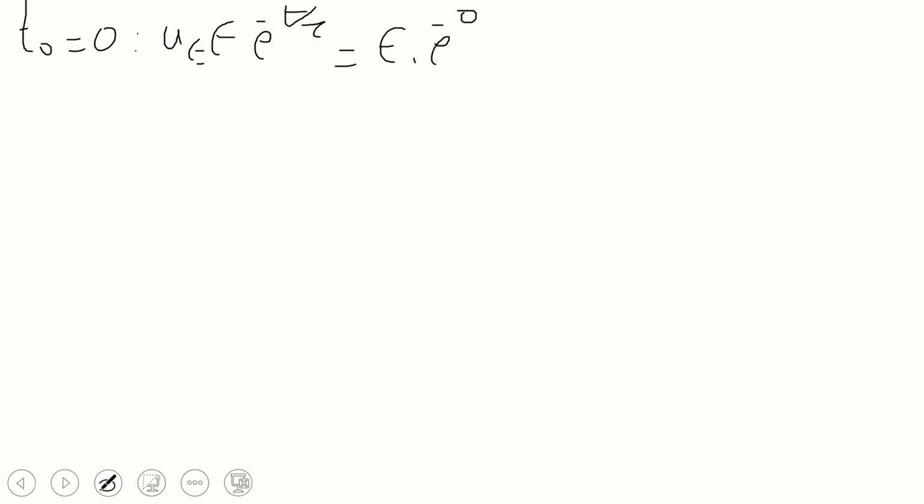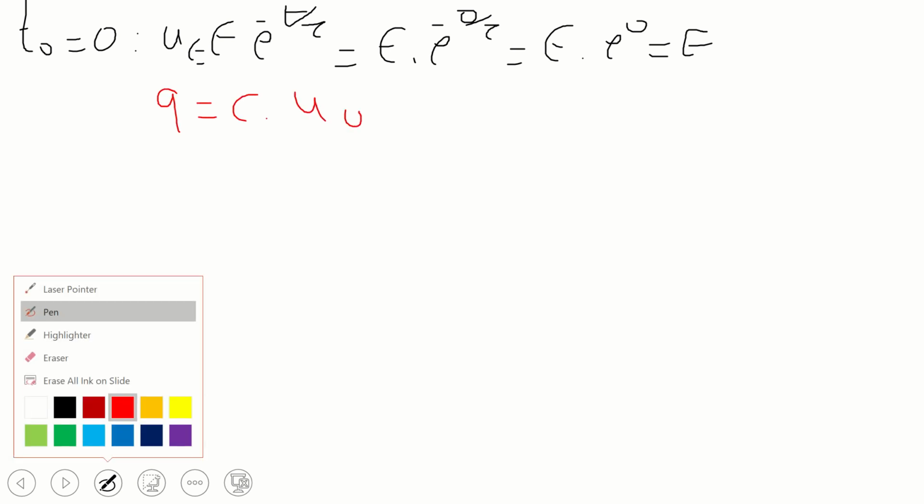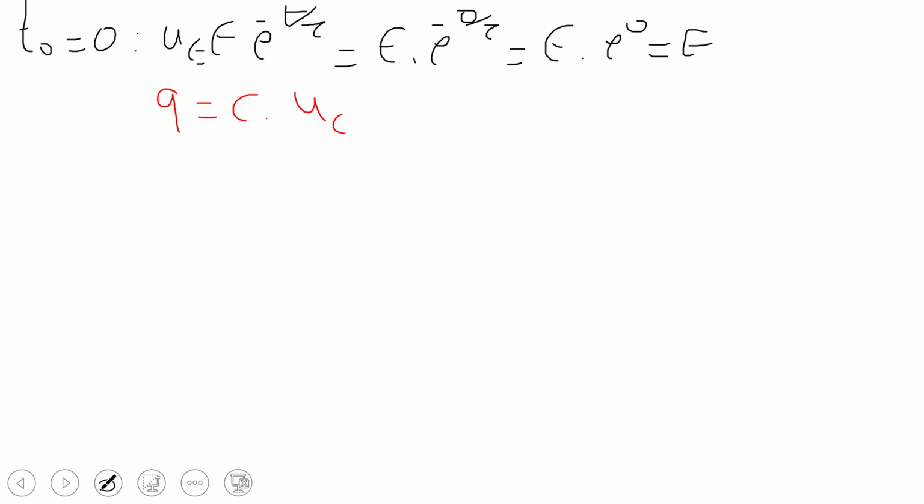Exponential 0 is 1, so UC equals E. As q equals C UC, at t equals 0, UC equals E, so q equals C times E, which equals q max.